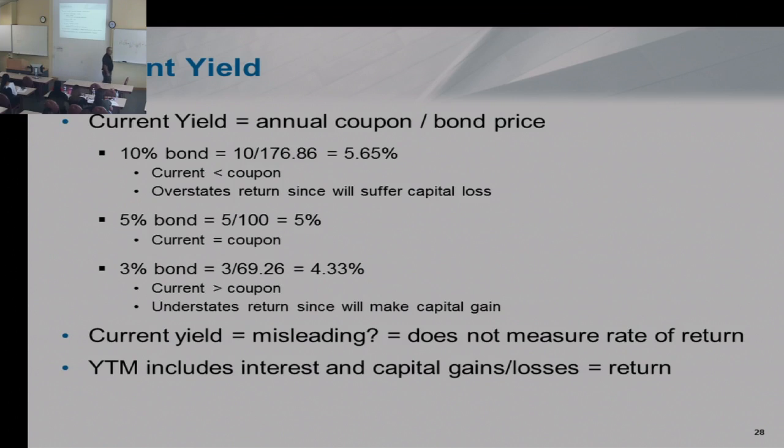So really all I want to say about that is that the current yield is a misleading term. But why do people cite it? Historically, it's easy to calculate: the coupon divided by the price. It's just arithmetic, 10 divided by 176.